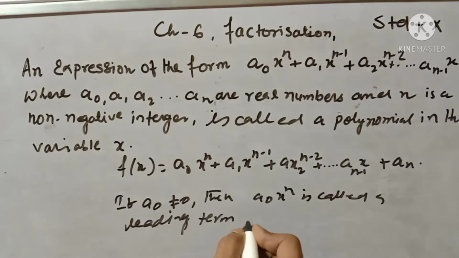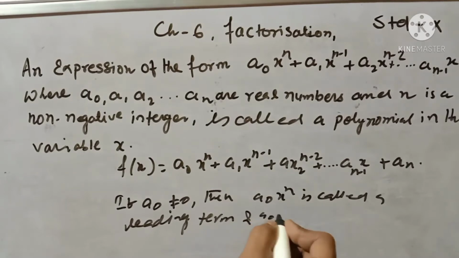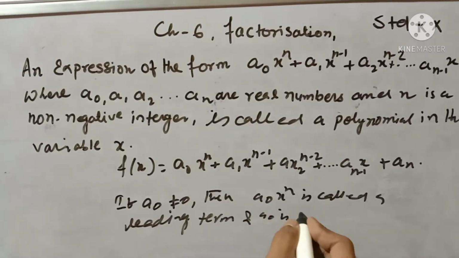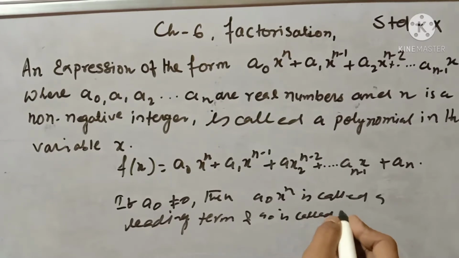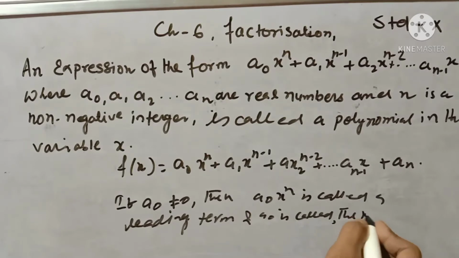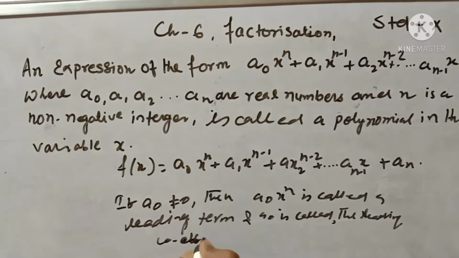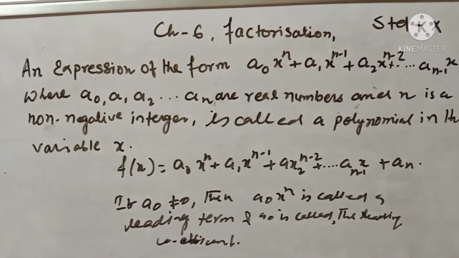And a0 is called the leading coefficient of the polynomial. Write down.